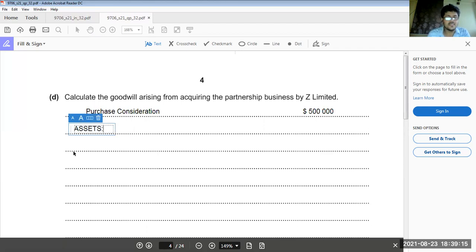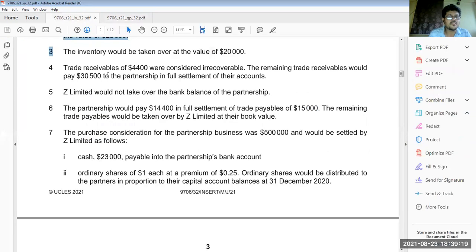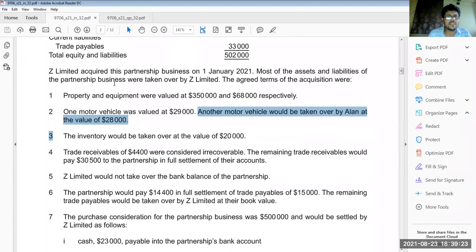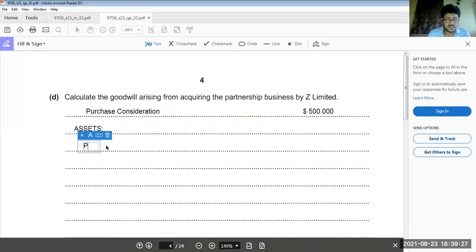Property: the value of property taken is 350,000.